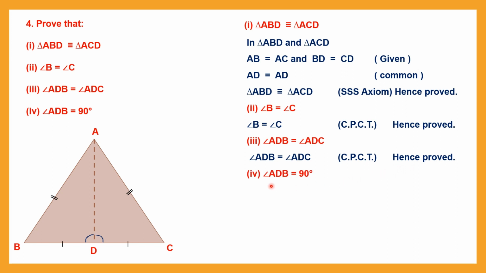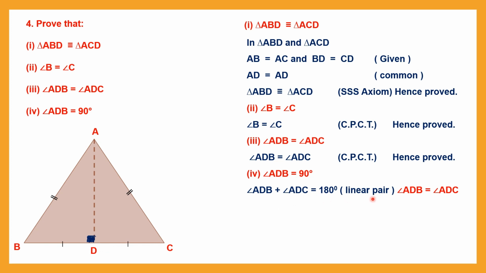Now the fourth one is we have to show that angle ADB is 90 degrees. That is this part. Can you see angle ADB? We have to show that this is 90 degrees. We have to prove that. Now angle ADB plus angle ADC will be equal to 180 degrees. Why?